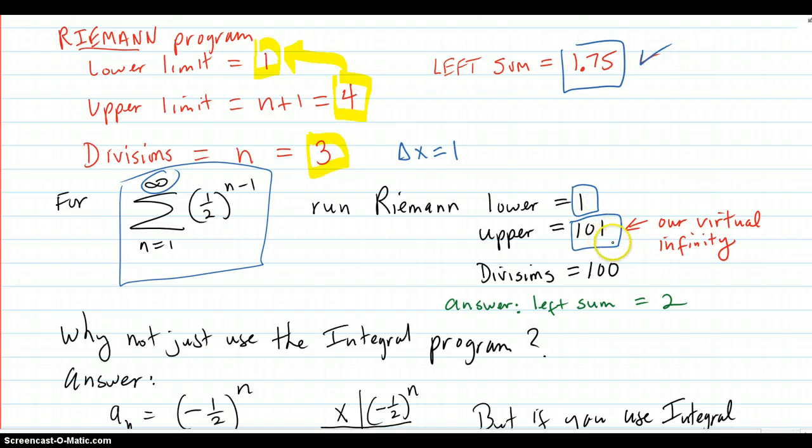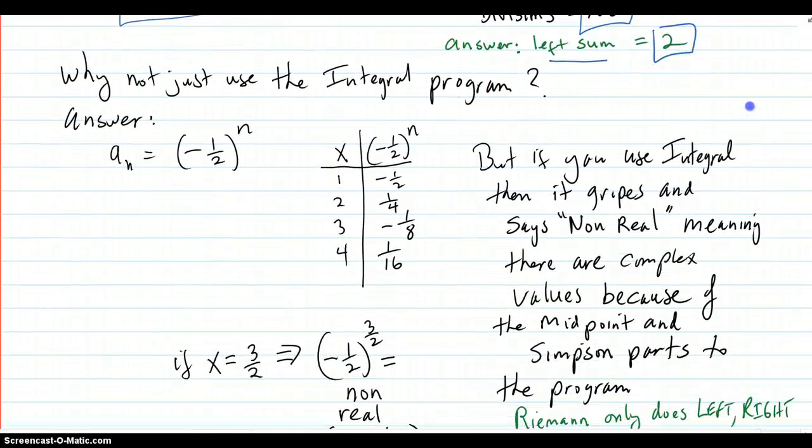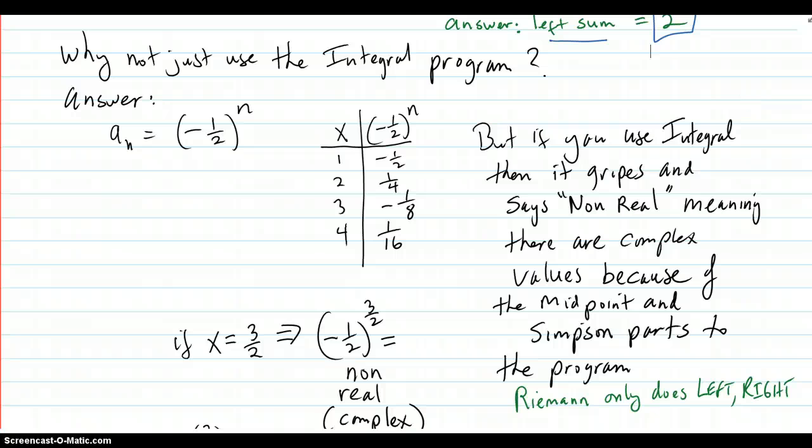So I'm going to 100 with n, so the upper is 101, the divisions is 100, and then you put that stuff in, and sure enough the left sum comes out 2, and that's what we had previously.